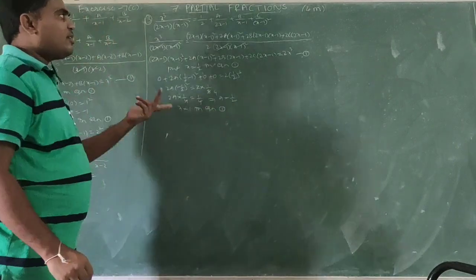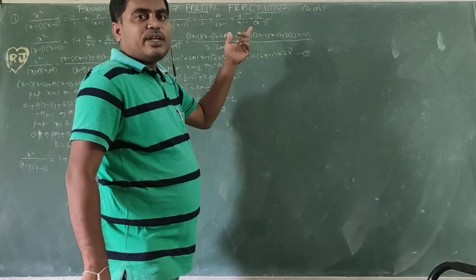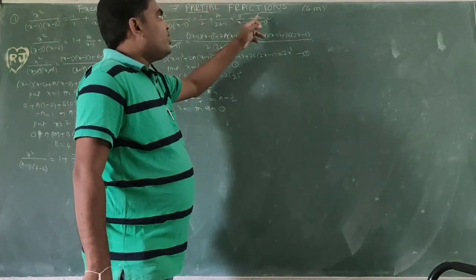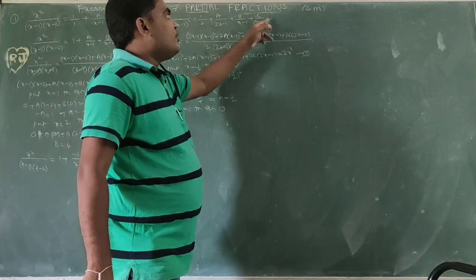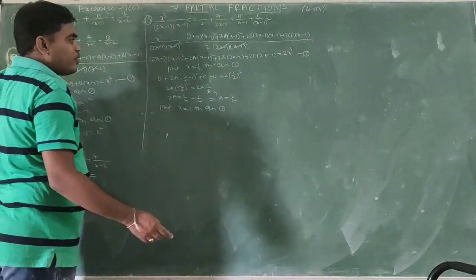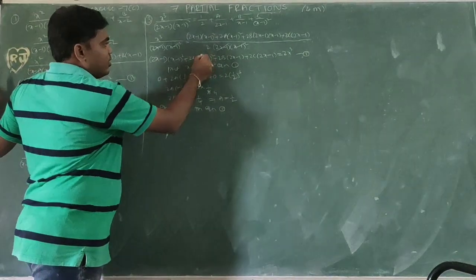To get b or c, because this is x minus 1, this is x minus 1 whole square. If we substitute x equal to 1, either we will get b or c. Mostly we will get c because this is a square. Okay, put x equal to 1. Wherever x minus 1 is there, it is 0. This is 0, this is also 0.